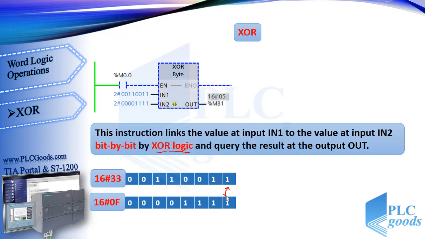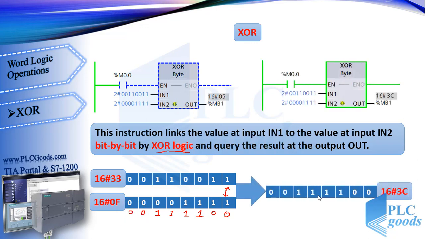So, if we use this logic bit by bit, we can reach its result. This binary number is equivalent to 3C in hexadecimal form.